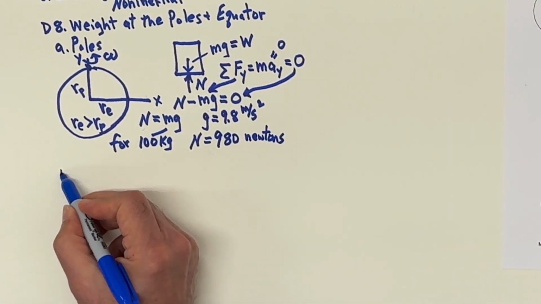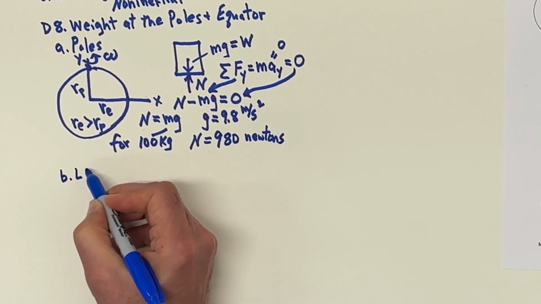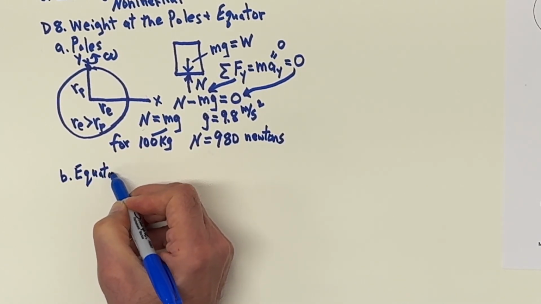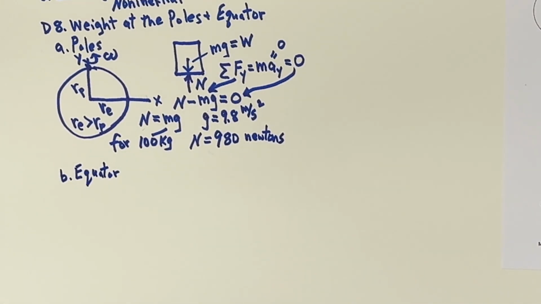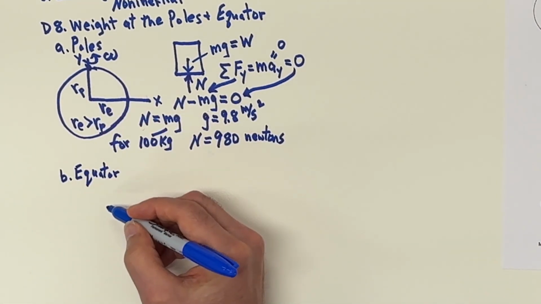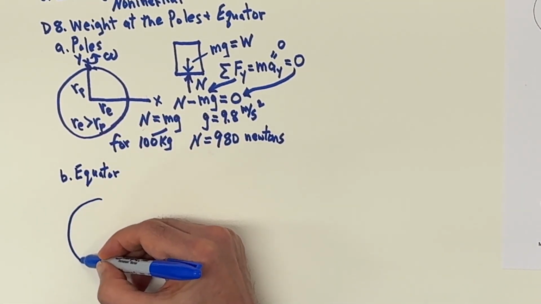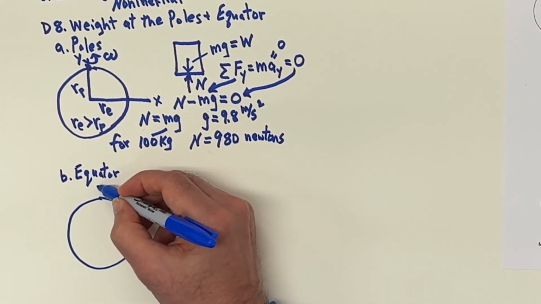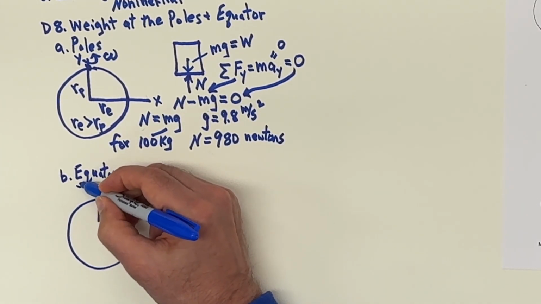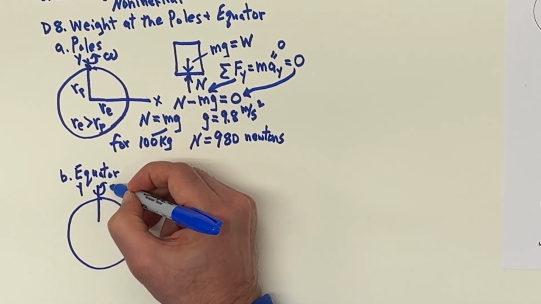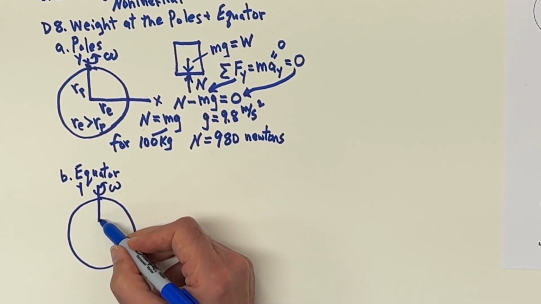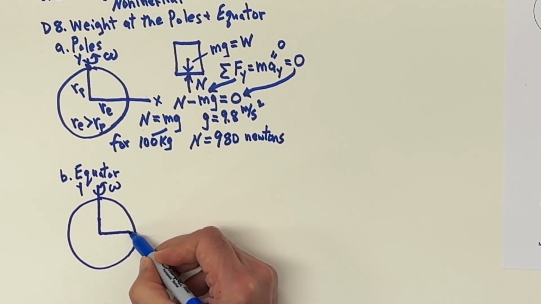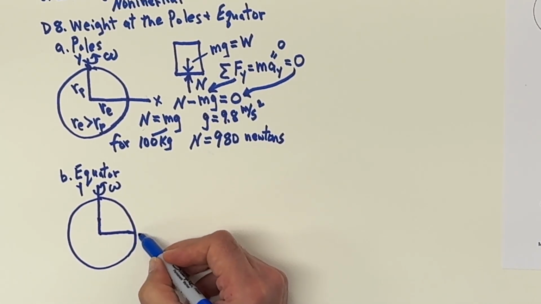Now we go to B. What about at the equator? Well, we can consider a similar diagram. There's the Earth. There's the y-axis, and we're going around the y-axis with the angular velocity omega. And we come out here, the x-axis.